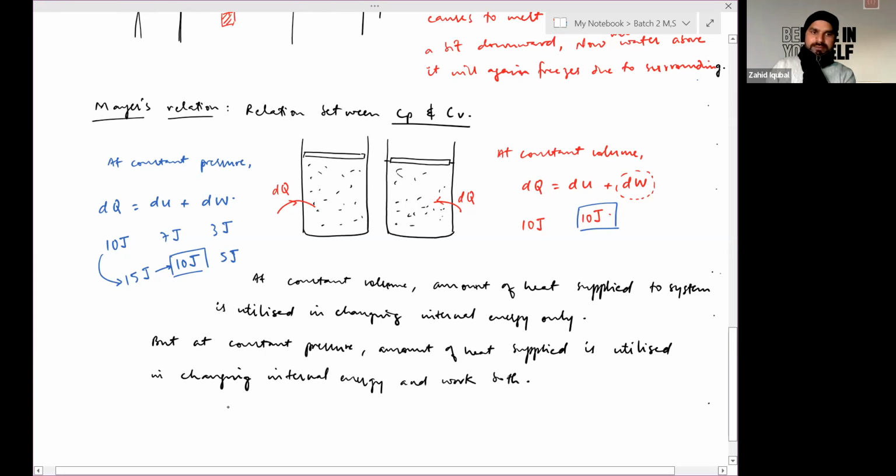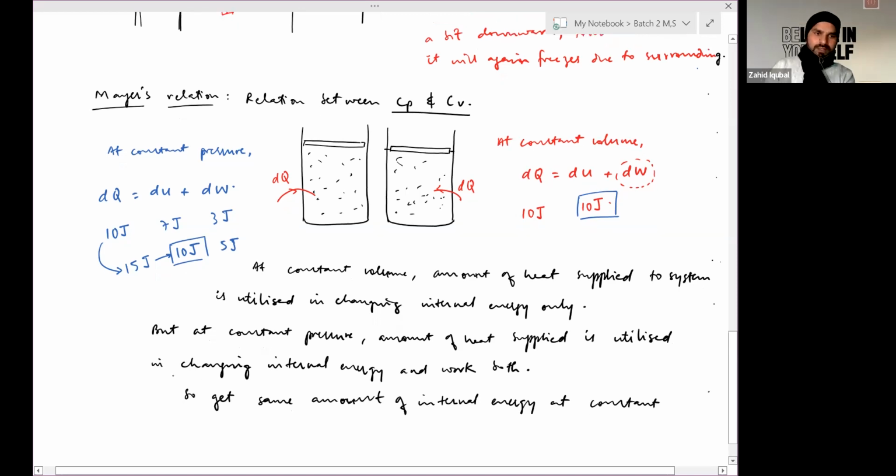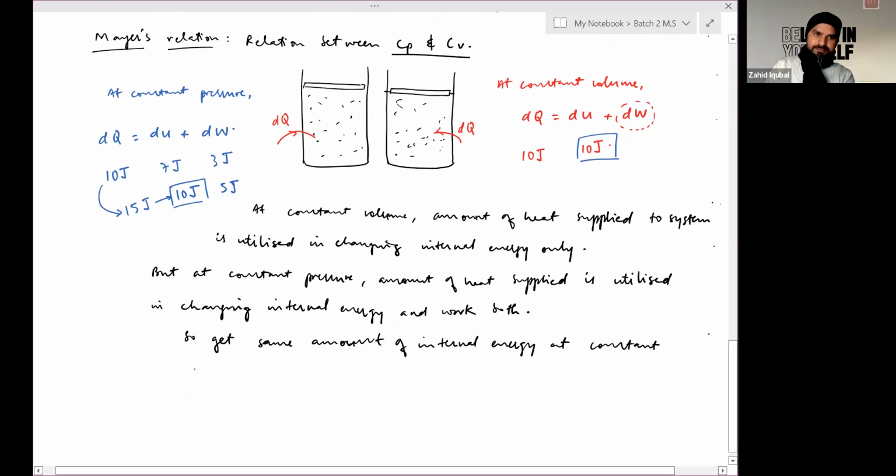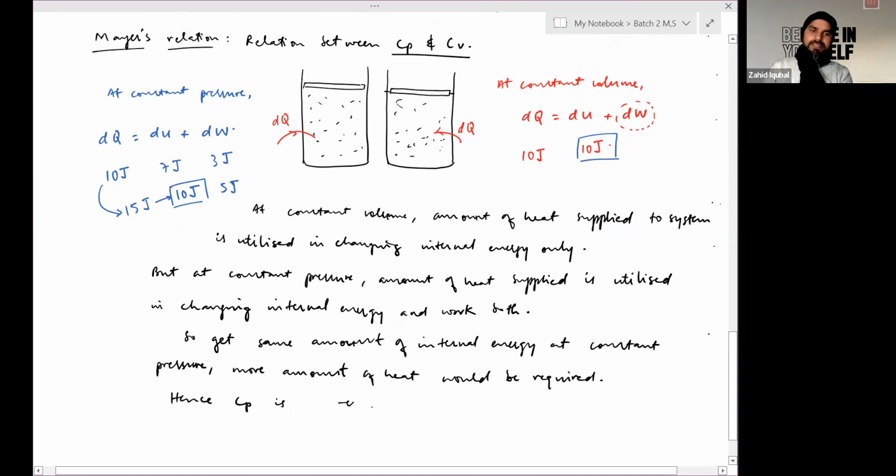So to get same amount of internal energy, at constant pressure, more amount of heat would be required. Hence, Cp is greater than Cv.